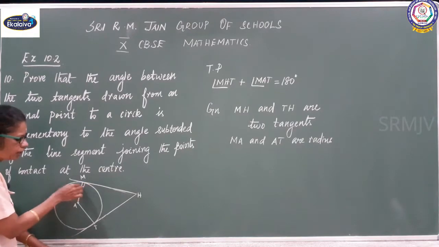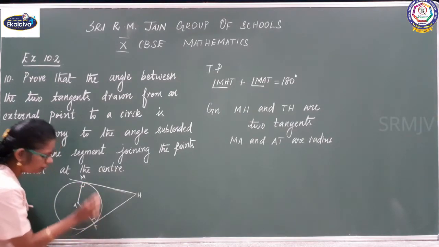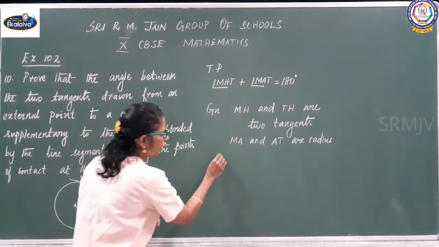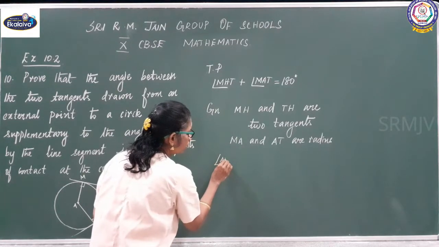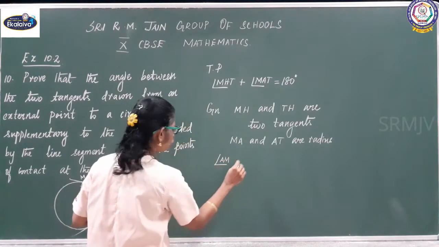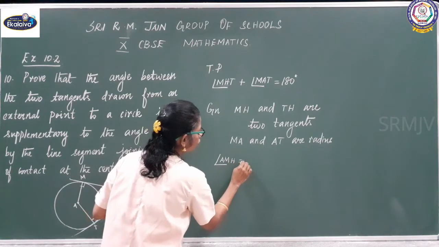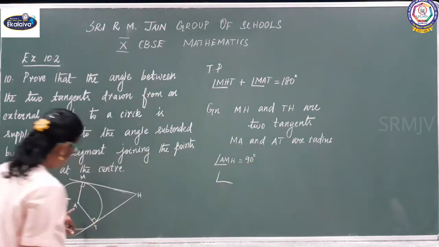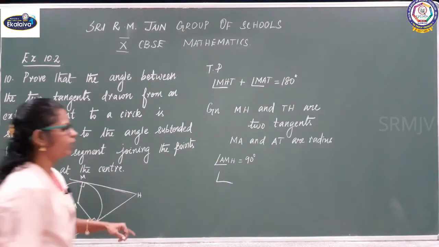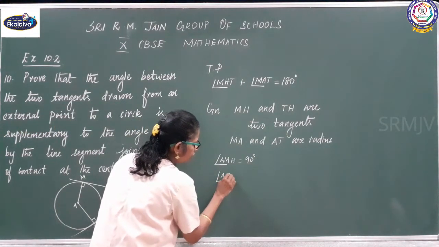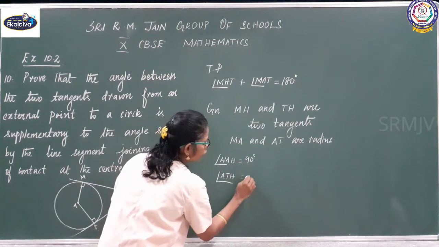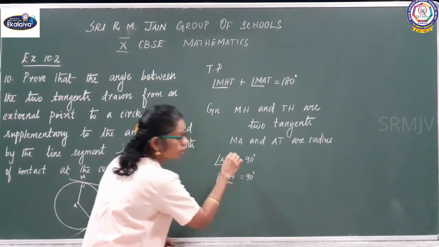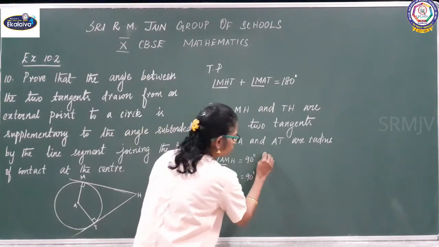Angle AMH equal to 90 degree. Angle ATH equal to 90 degree.